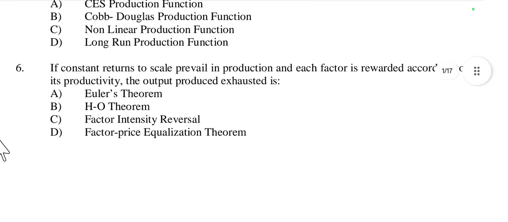Then question number 6, if constant returns to scale prevail in production and each factor is rewarded according to its productivity, the output produced is exhausted. It is called Euler's theorem, Heckscher-Ohlin theorem, factor intensity reversal, or factor price equalization theorem. It is called Euler's theorem.